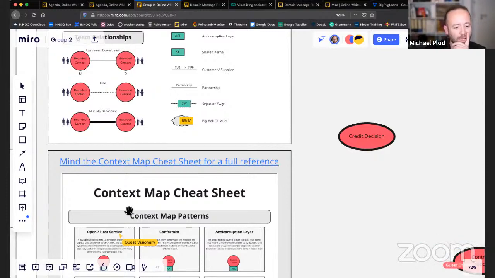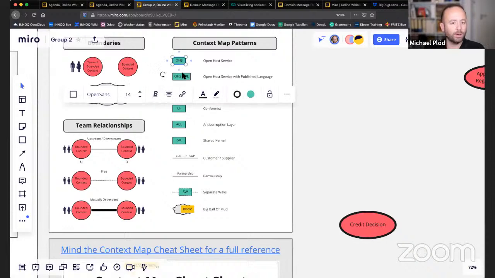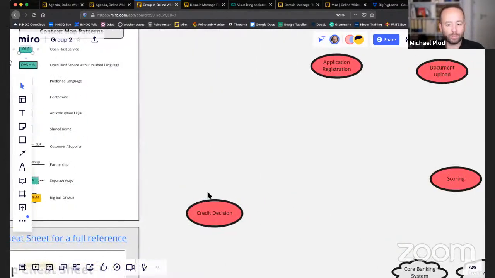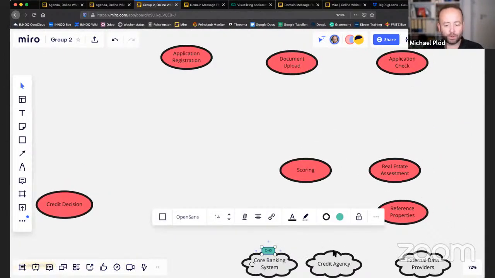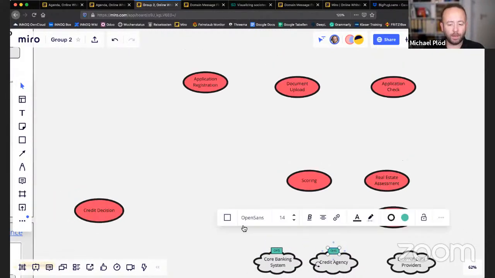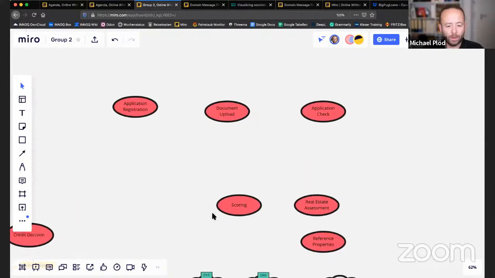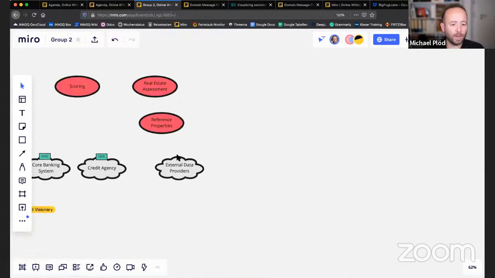Now, if you take a look at those 3 patterns, where do you have use cases for that? Let me give you a brief example. You can copy and paste those patterns over there. I'm pretty sure that we have an open host service on the core banking system and on the credit agency. Now, in terms of scoring, I also think that we may have an open host service on the external data providers, where we integrate with the reference properties.